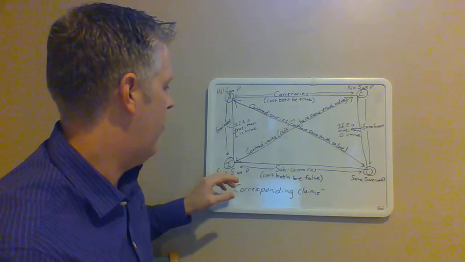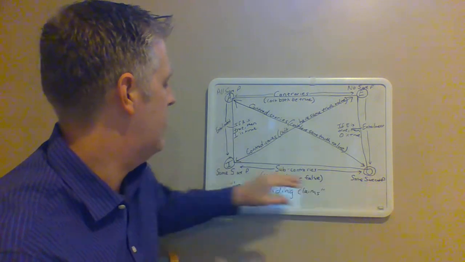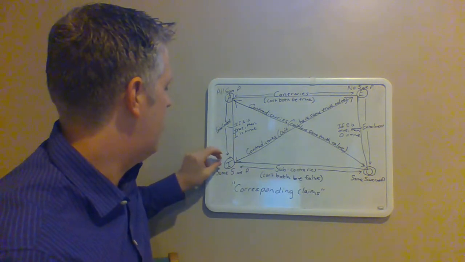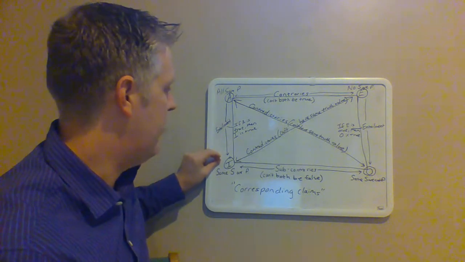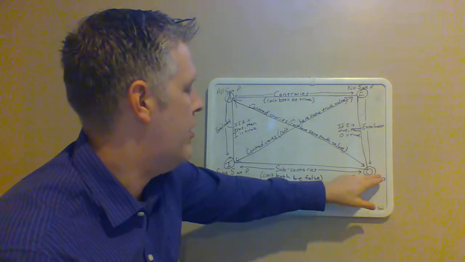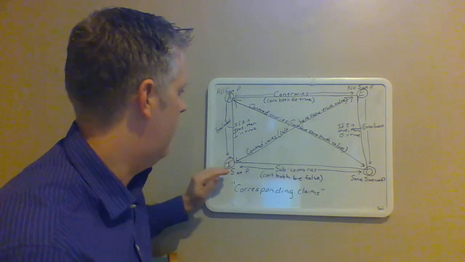If this one's false, then this one will have to be true, and if this is false, then this one would have to be true. Specifically, if we know the I standard form claim is false, then we can automatically infer that the corresponding O standard form claim has to be true, because these will never both be false.